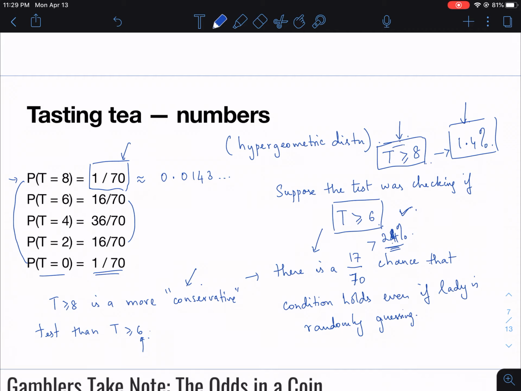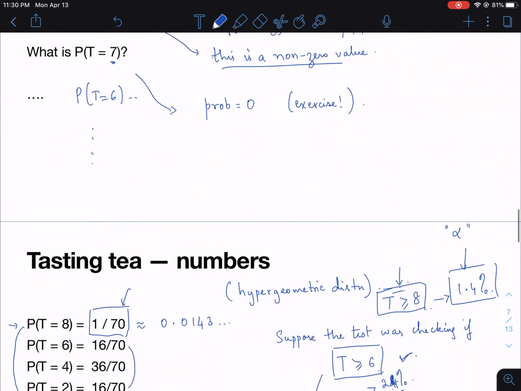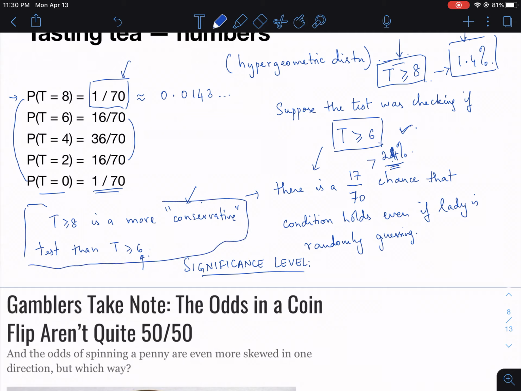that this condition holds under the null hypothesis, this is often referred to as the alpha. Okay, and this is the quantity that we defined over here, this is the significance level of the test. Okay, so let me put this in a box so that you don't get confused.